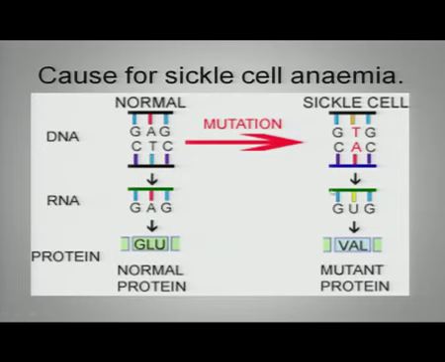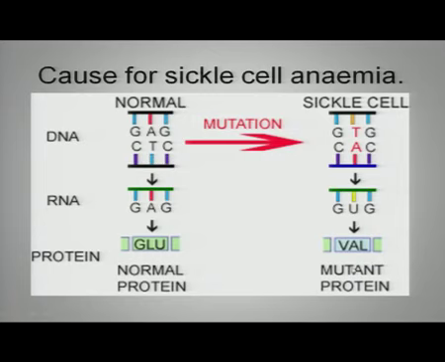This is the mutated codon, GUG, where A is replaced by U. So, the glutamic acid, that is the normal amino acid, is replaced by valine.